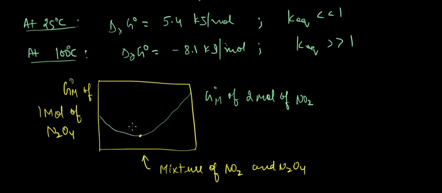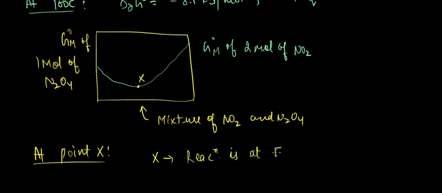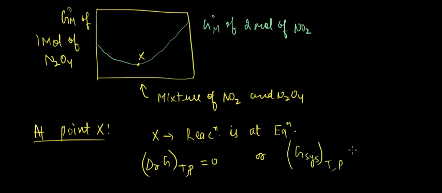Okay, so this would be the trend. So let's say this is point X. So at point X we can say that the reaction is at equilibrium, and delta Rg at the given temperature and pressure would be 0, or G of the system at that temperature and pressure is minimum.